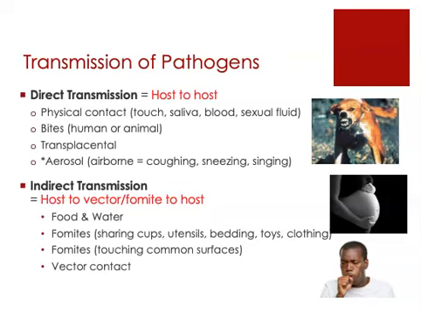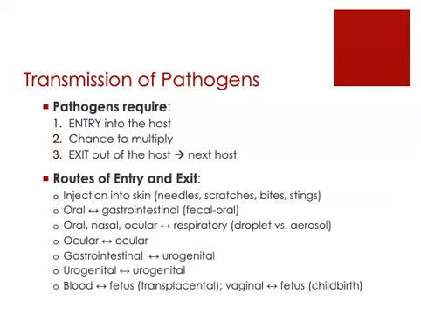Those are the kinds of fomites that can spread an infectious pathogen from person to person through indirect transmission. And of course, vectors are responsible for the transmission of certain pathogens. So pathogens can be transmitted either directly from host to host or indirectly because of fomites and vectors.